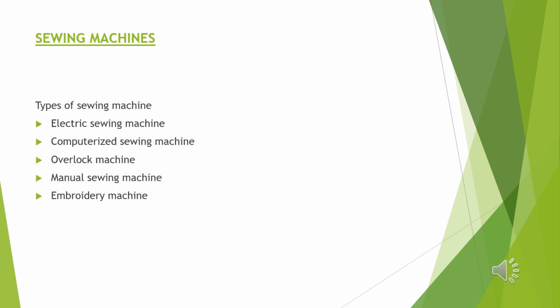We look at the sewing machines, types of sewing machine. We have electrical sewing machine that uses electricity to function. It requires electricity to function. We have computerized sewing machine. This requires electricity, but also it's advanced. It is computerized.